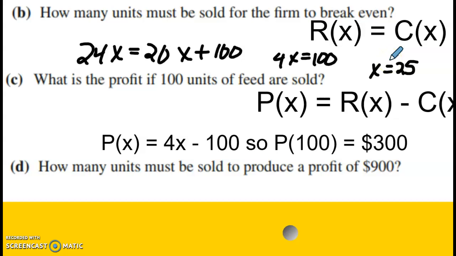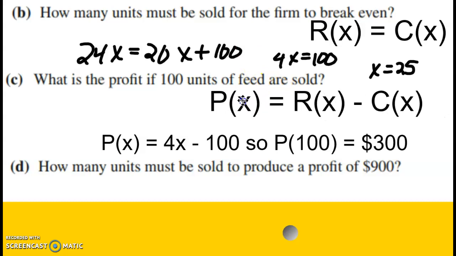Okay? I want to know what profit I make if I do end up selling 100 units. What would be my profit if I sell 100 units? Well, profit ends up equaling revenue minus cost, like we talked about before.